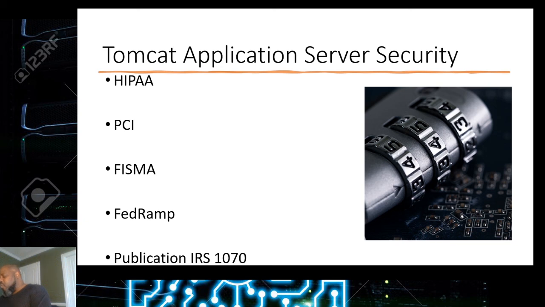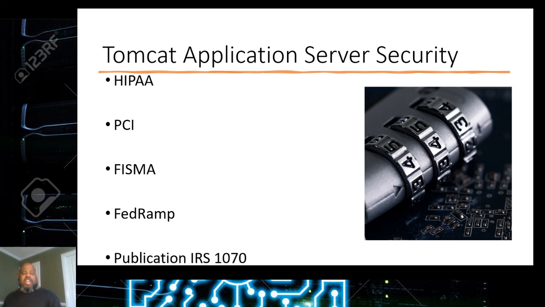So one reason we do these types of security checks is so we can be validated for any of the compliance. We have some of the top compliance checks that we're trying to get approved for when we do these types of checks: HIPAA, which is for health and hospital work. PCI is for credit cards.